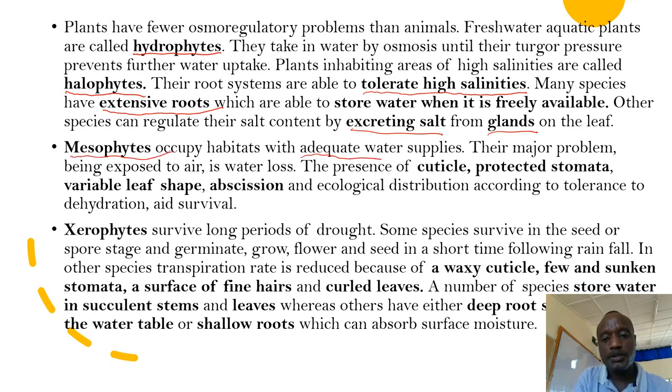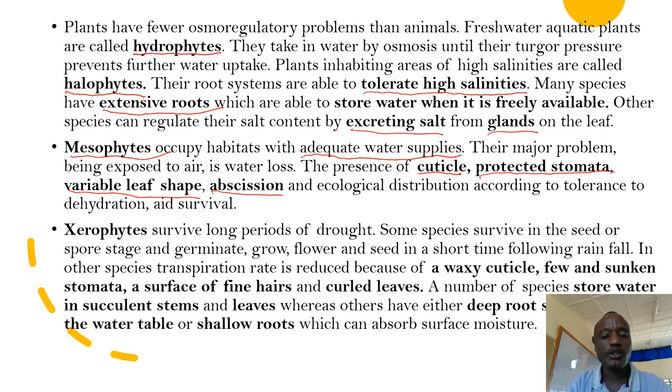Their major problem, being exposed to air, is water loss, especially during transpiration. But they have also developed different adaptations: the presence of cuticle, protected stomata, variable leaf shape, and abscission. All these adaptations help the mesophytes to survive within adequate water supply.